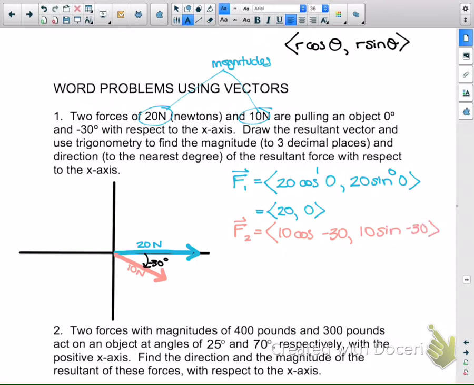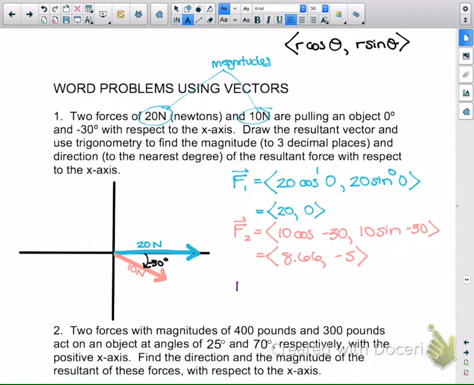Now we can type this one into our calculators to get decimals to see where this one is. Making sure you are in degrees. This one, you should get something like 8.66 and negative 5, if I'm rounding to 2 decimal places.